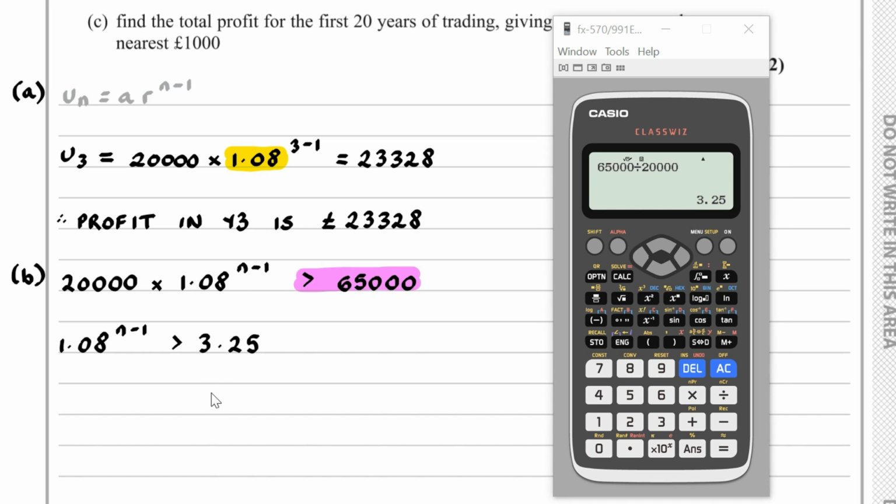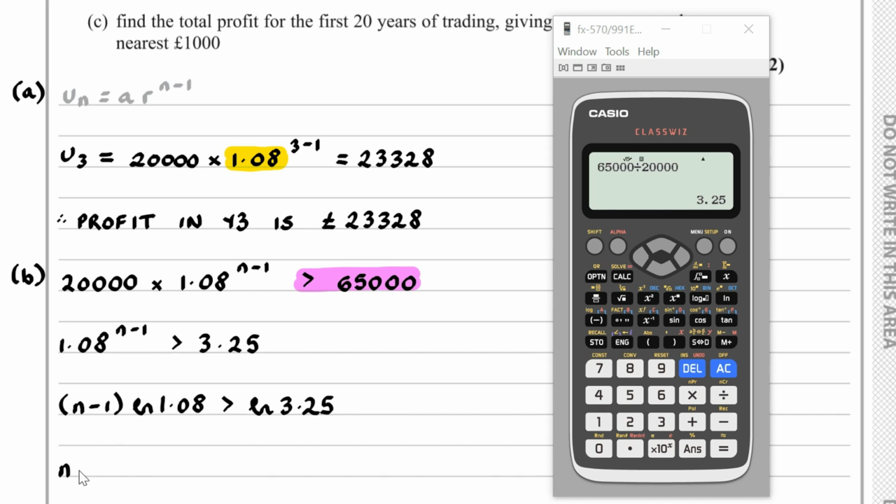And now if we take the natural logarithm of both sides, we've got n minus 1 multiplied by the natural log of 1.08 being greater than the natural log of 3.25.